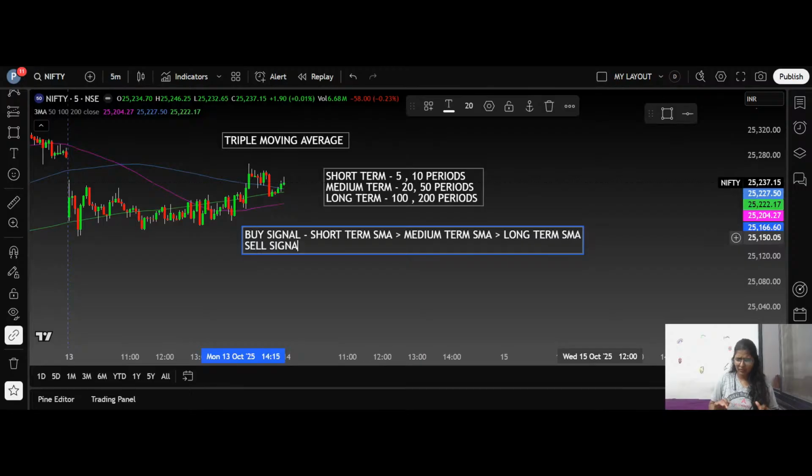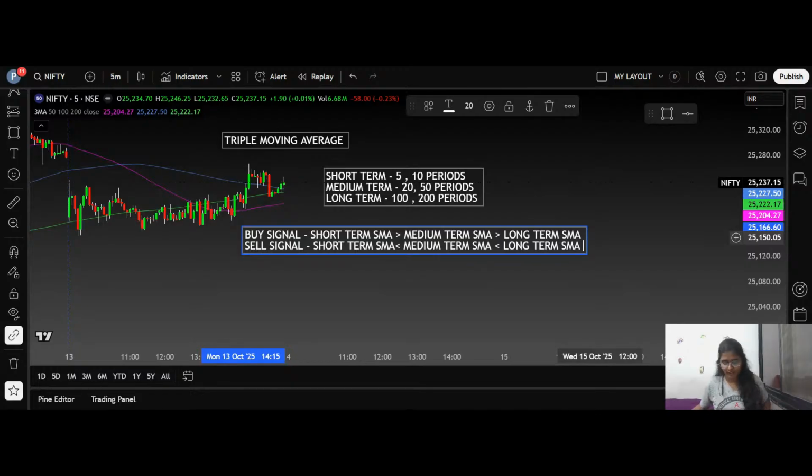Similarly, when will you get a sell signal? I'm not going to write it all out, but okay, I'll write it. When the short-term SMA is less than the medium-term SMA, and the medium-term SMA is less than the long-term SMA, then we'll get a sure shot sell signal.